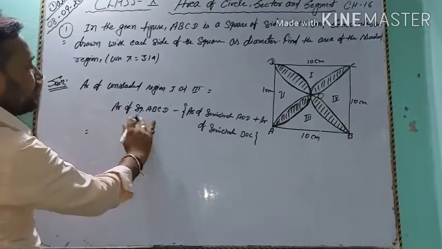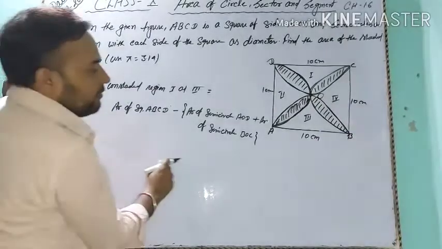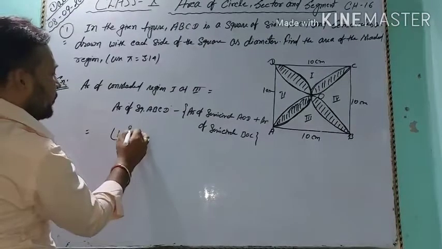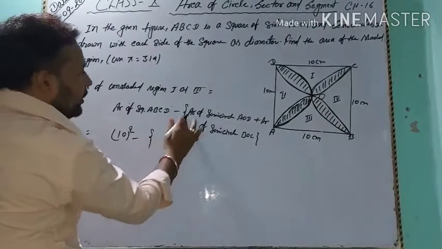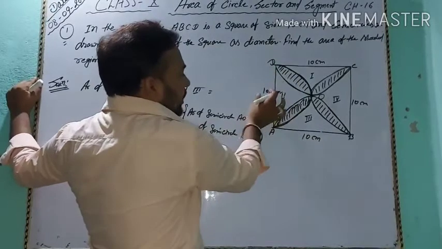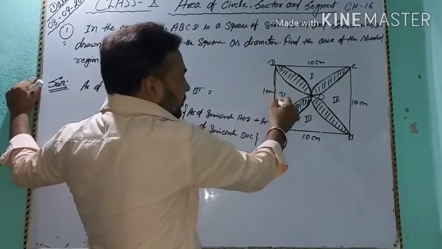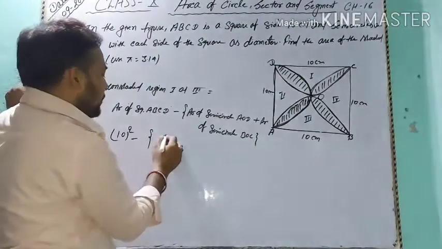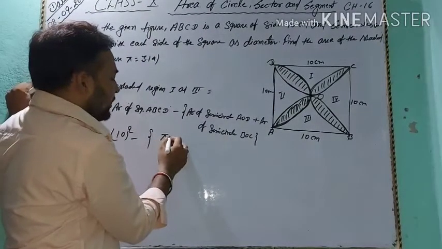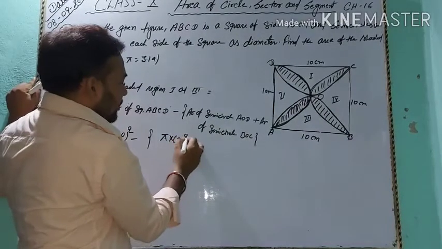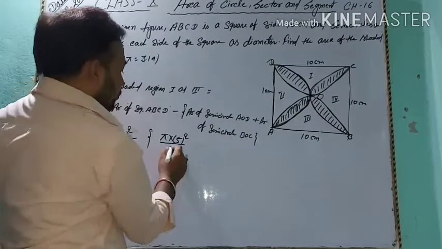For students, area of a square ABCD, the side of the square is 10 centimeter, that is 10 square, minus area of semicircle AOD. 10 is the diameter of this semicircle. Okay, so pi r square by 2, r equal to 5, 5 square by 2.